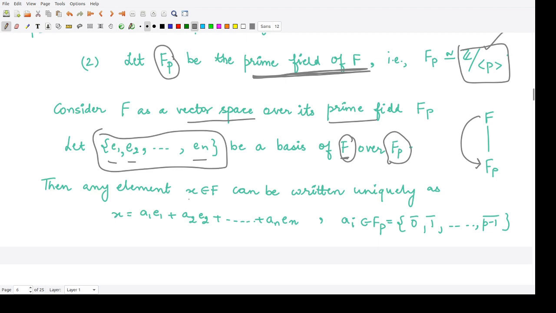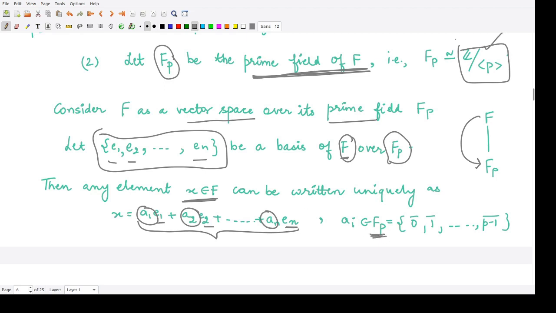If you take an element x in this field, you could write that element x as a linear combination of e1, e2 up to en, where all these a1, a2 up to an are elements taken from Fp.